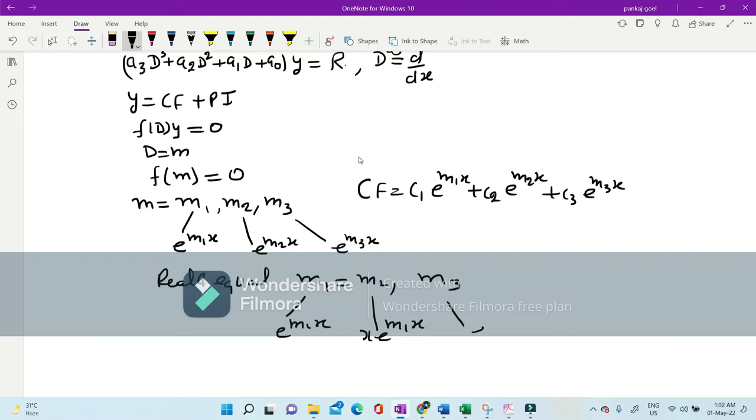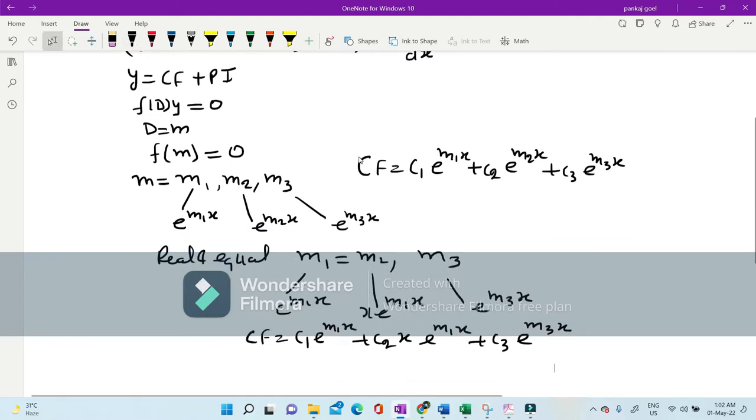And for the third root, we can write e^(m3x). So the complementary function can be written as c1 e^(m1x) + c2 x e^(m1x) + c3 e^(m3x). We can write it like this.